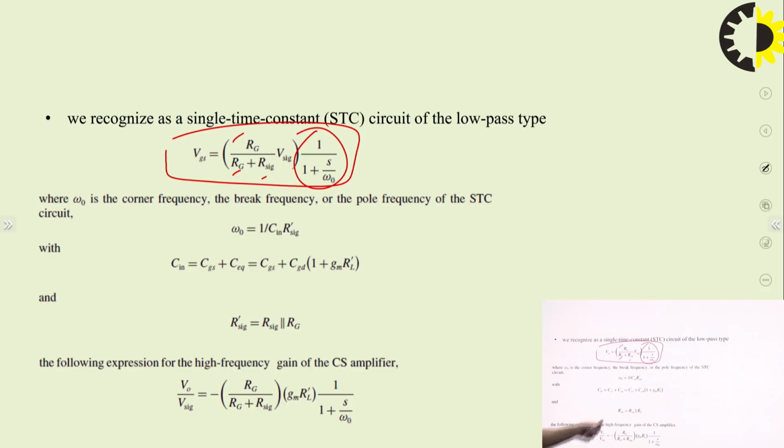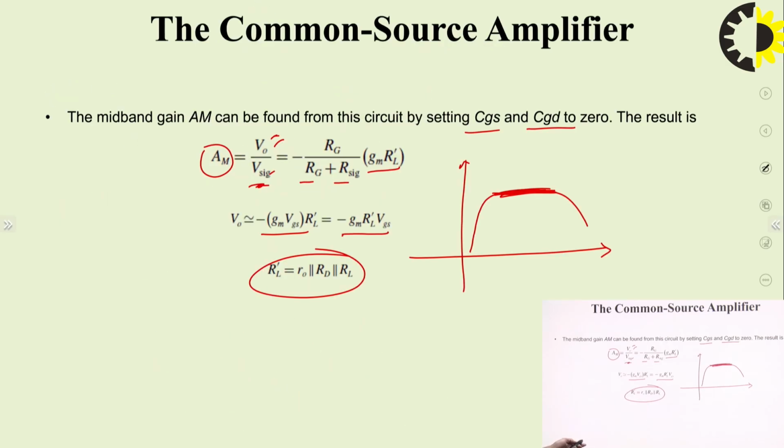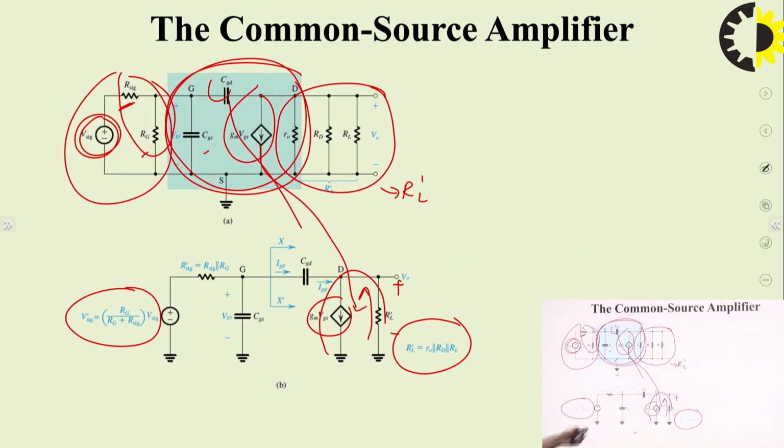This is from the response of a low pass filter. And omega naught is 1 upon C in into R dash signal. R dash signal is the parallel combination of R signal and Rg.